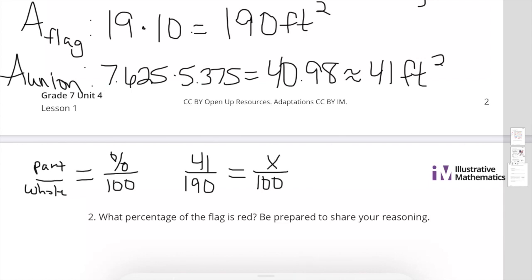Okay, so now we don't know what percentage it is, so that's our unknown amount, which is what we have variables for. So now to solve our proportion, you can find which number you multiply across by, or you can cross multiply.